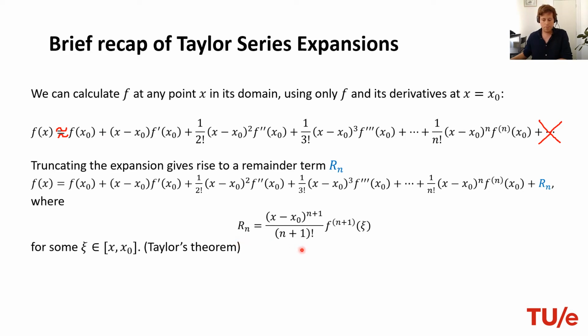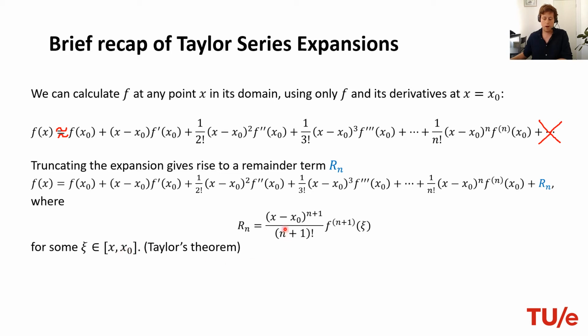So Taylor's theorem tells us that this error that we're making, the remainder term, by not taking into account an infinite amount of terms in the Taylor series expansion, is proportional to the n+1th order derivative of f evaluated at some psi between x and x0.